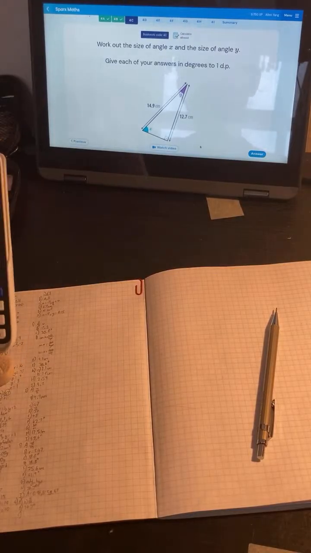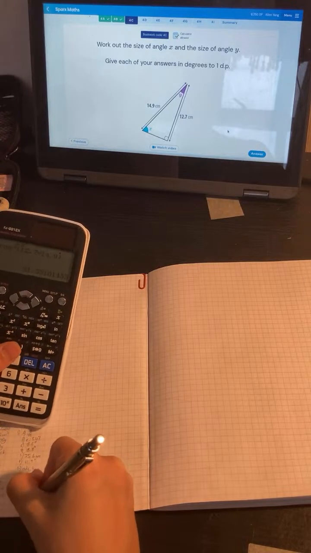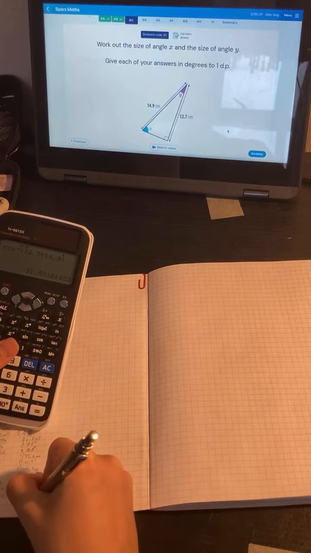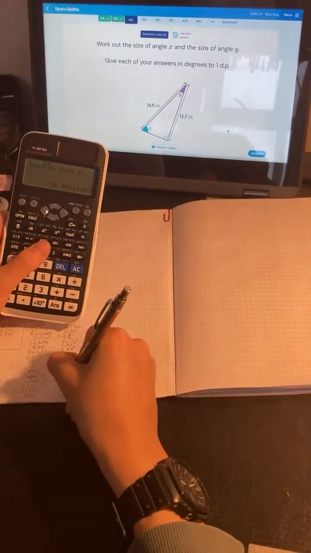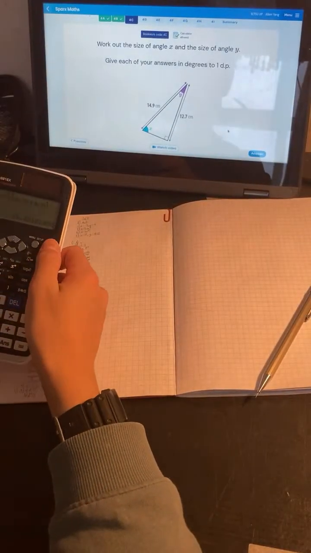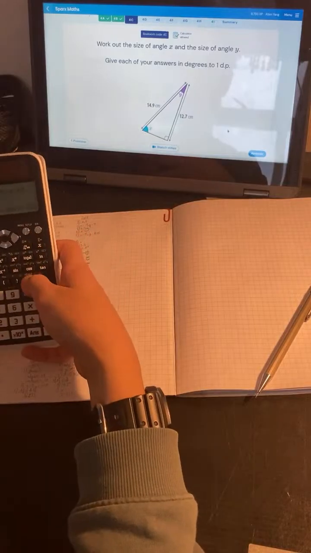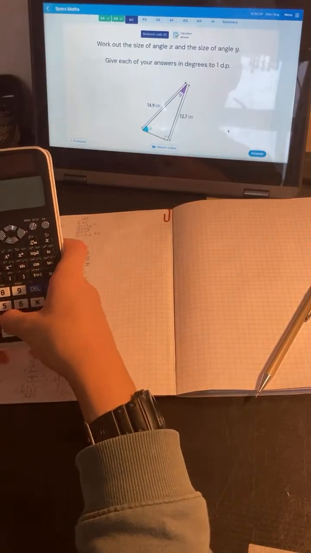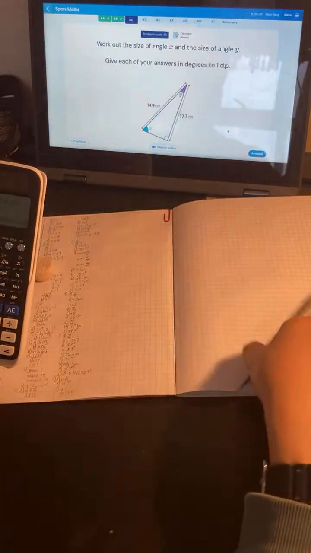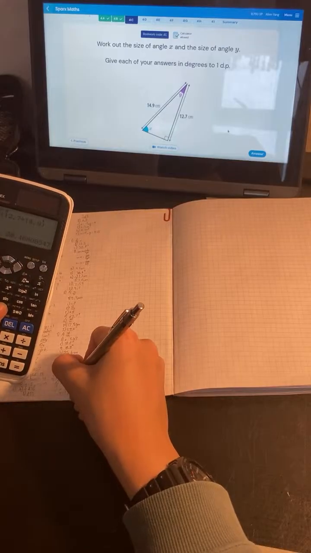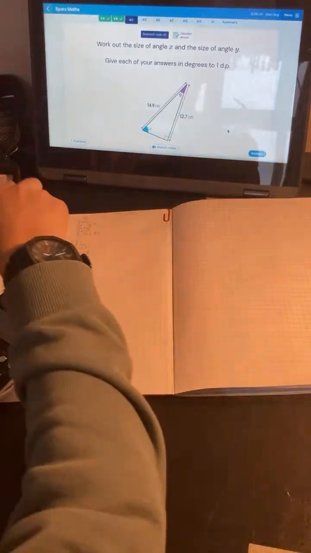Y equals, to 1 dp, 31.5, and then x equals. So we're gonna have to use inverse sine 12.7 divided by 14.9. So that's 58.4. No, it's 1 dp. I'm so smart.